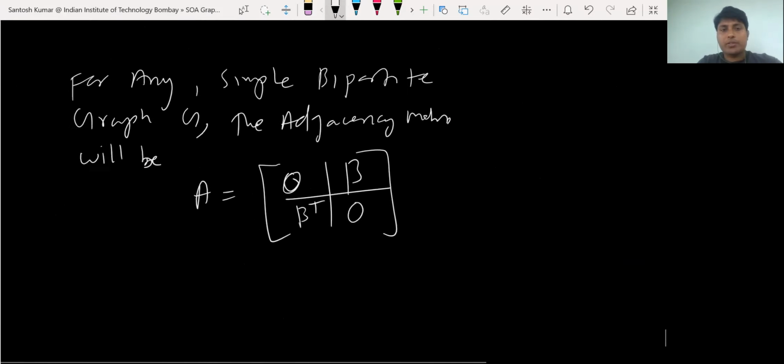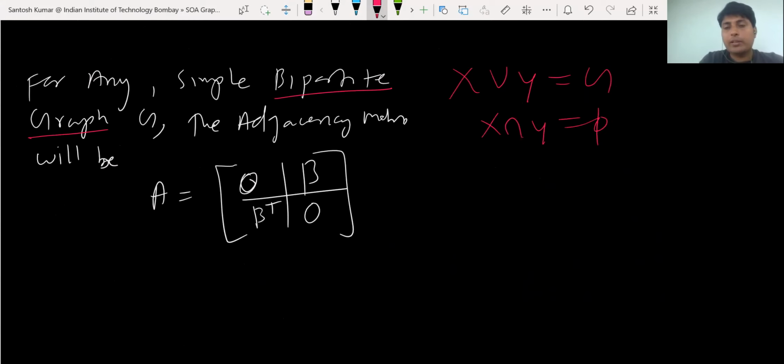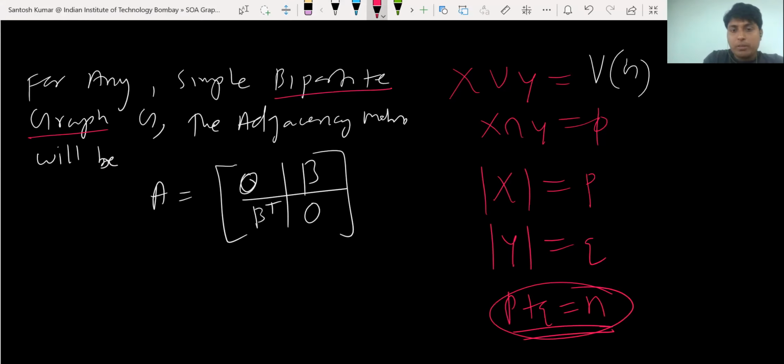So actually if we consider it is a simple bipartite graph, I said X union Y will be V of G and X intersection Y will be phi. So it means you partition the vertex set V of G. So number of elements in X is, suppose you say P, and number of elements in Y you say Q. And you know P plus Q is going to be the number of vertices, say N. Okay.